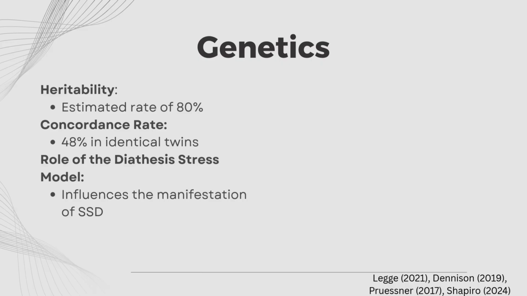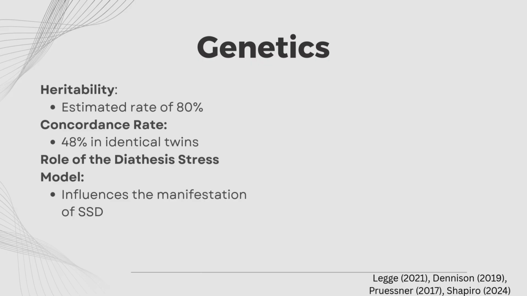So genetics explain 80% of the variation in the expression of this disorder. And for concordance rates, in identical twins, if one twin has schizophrenia, there's a 48% chance that the other twin would also have schizophrenia, which only explains about half of that.